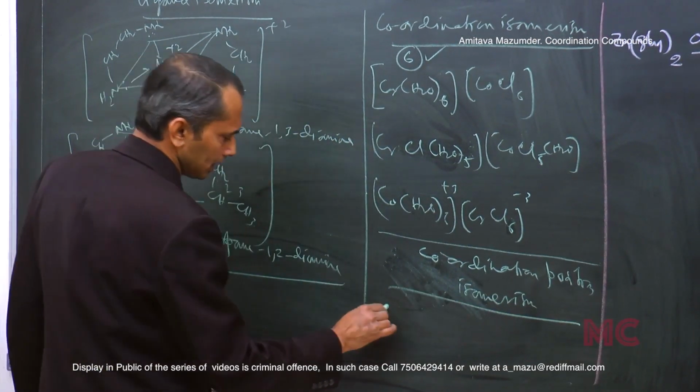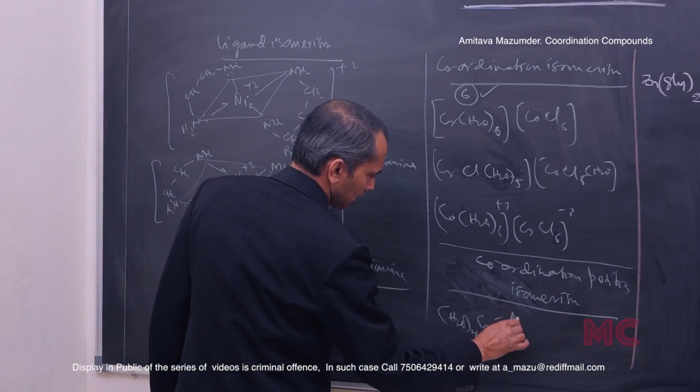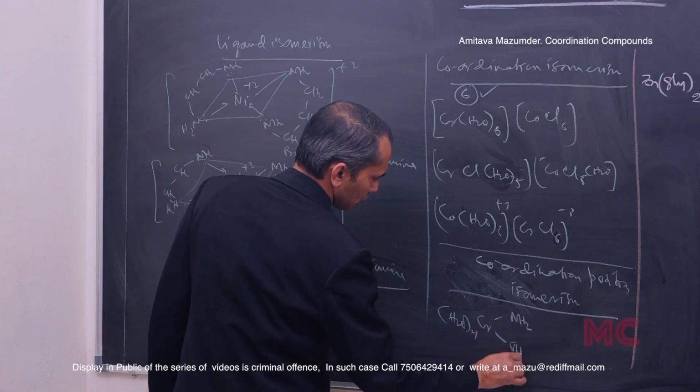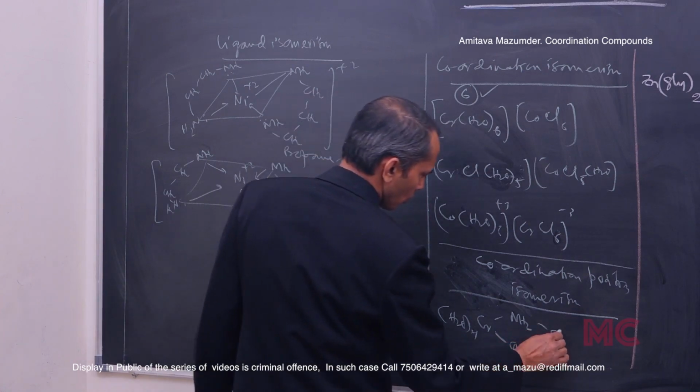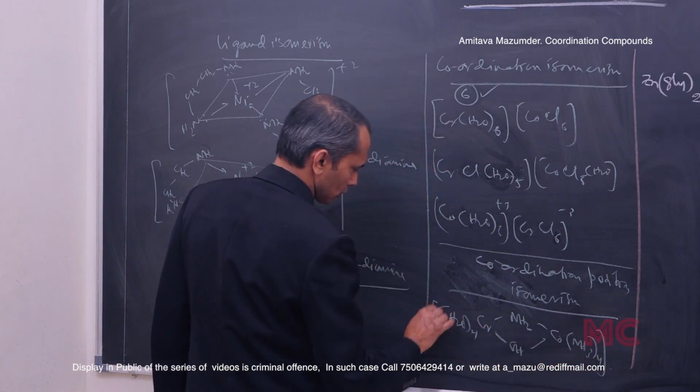For example, if I write (H2O)4 Cr, with NH2, OH bridging, then Co, with NH3 four times, overall plus 2.